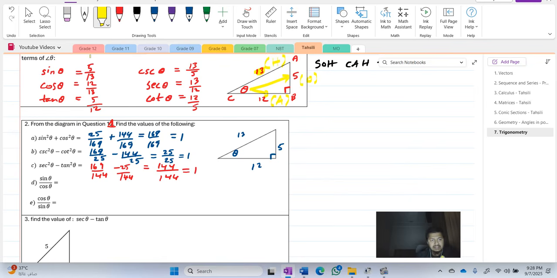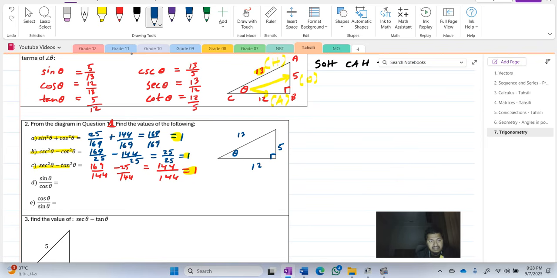And we can clearly see that we did it for a different triangle and the answers are all 1. So these are your 3 square identities. You can't forget them because we need them for simplification of trig equations and proving trigonometric identities.